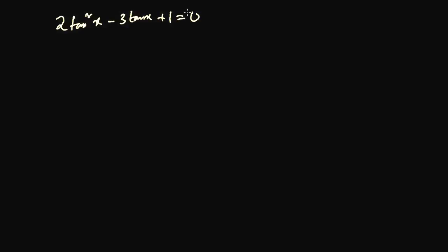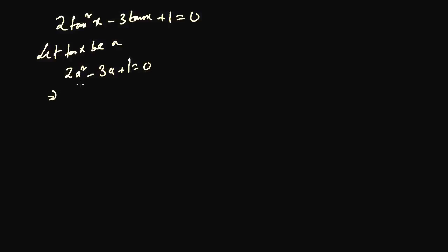Obviously we cannot just solve it by changing the square to the other side and making it plus minus square root of something. This is something where we have to do middle term break. It's clear, it's something square minus something plus 1. Here always take the substitution to make the sum easier. Let tan x be a, so it becomes 2a squared minus thrice a plus 1 equals 0.